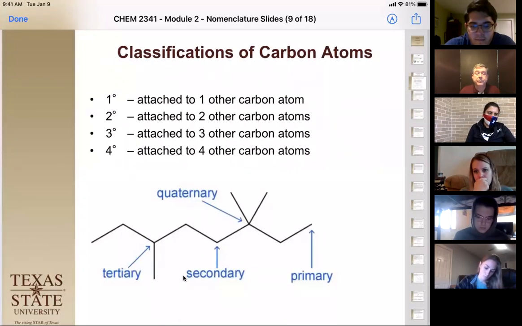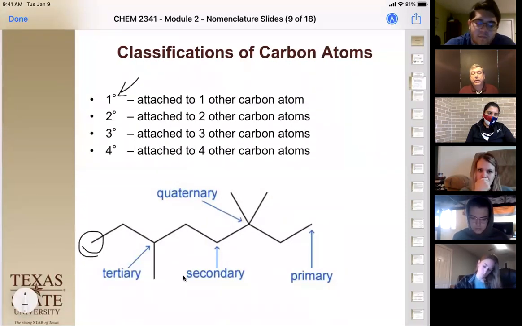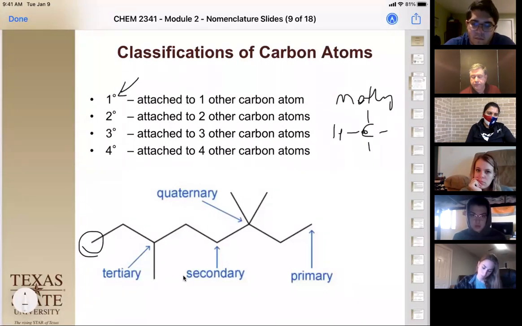A carbon with only 1 other carbon attached to it is called a primary. Okay, back up. A carbon with no other carbons attached to it is called a methyl, because that's just the 1 carbon with hydrogens on it right here. So that's methane.